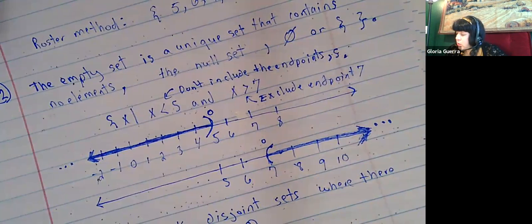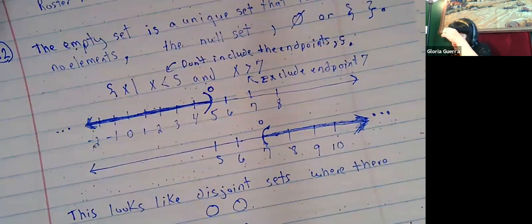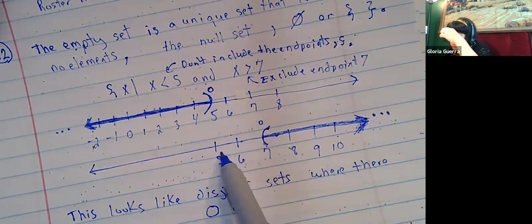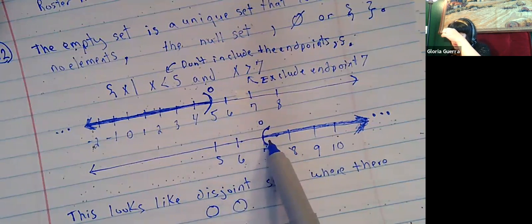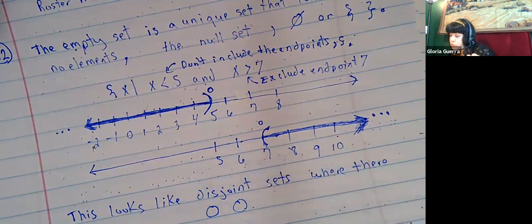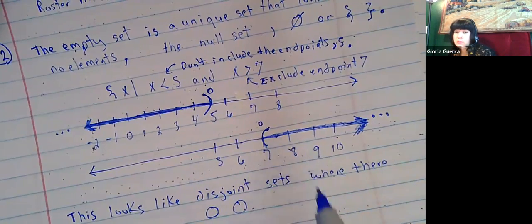So when you look at the first graph and you look at the second graph, you see how this doesn't include 5, but it goes all the way to 5 without including 5. This one doesn't even have anything on 5 and 7; it starts with 7 but doesn't actually include 7. But these look disjoint. There's no element common to both this set and this set.